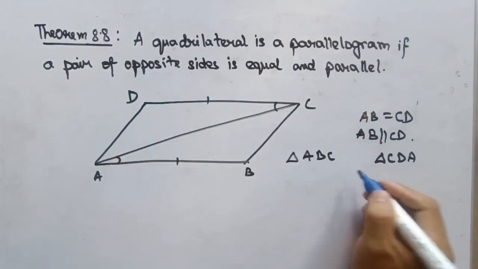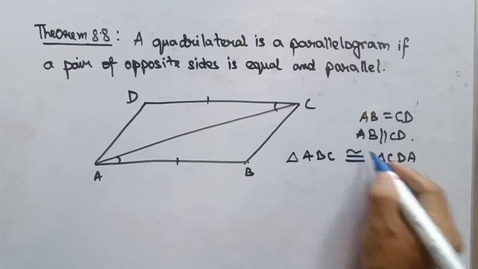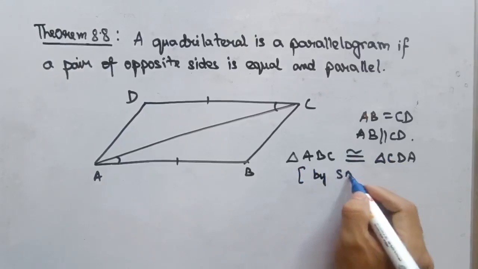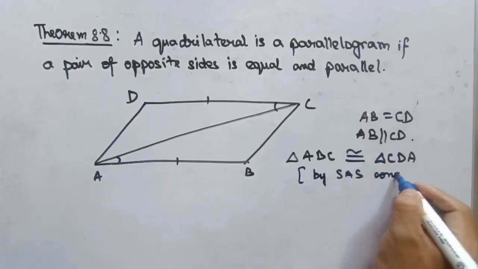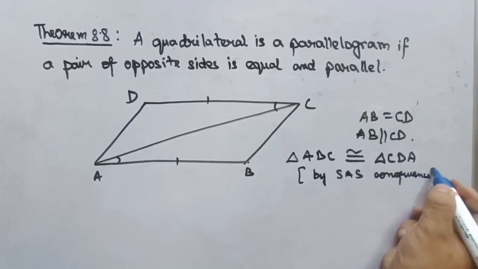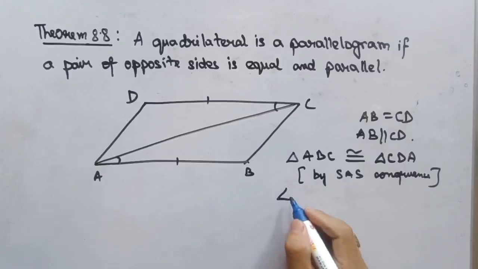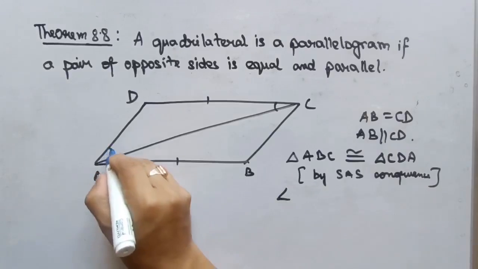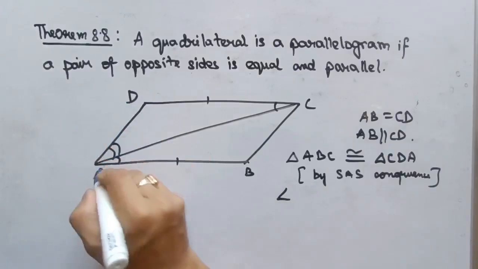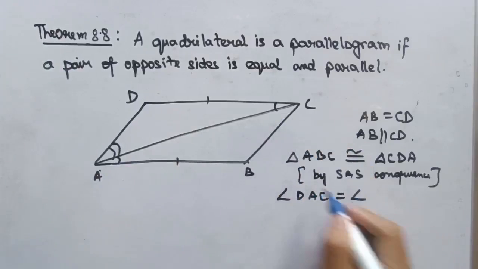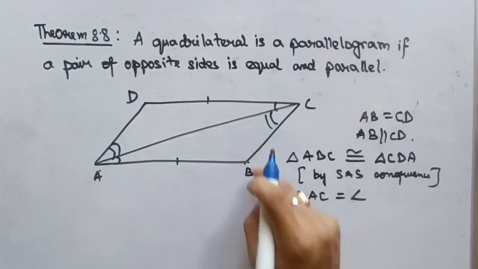So triangle ABC is congruent to triangle CDA by SAS congruence rule. So since these two triangles are congruent to each other, then we can say that angle DAC is equal to angle BCA.